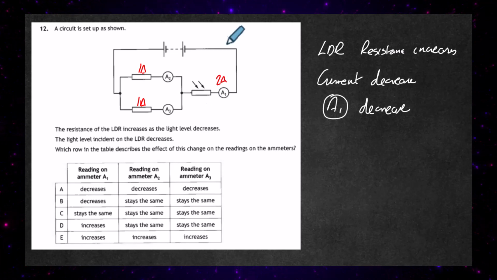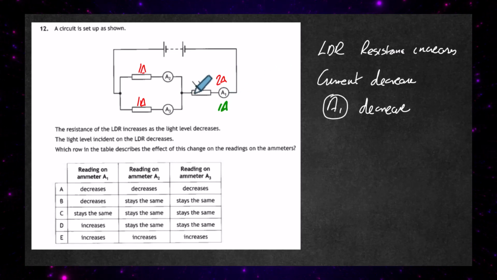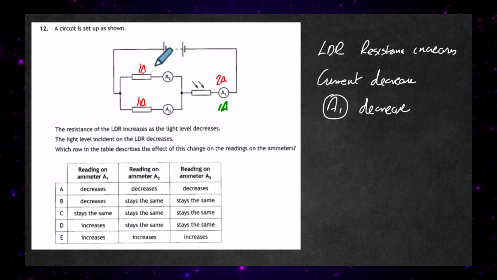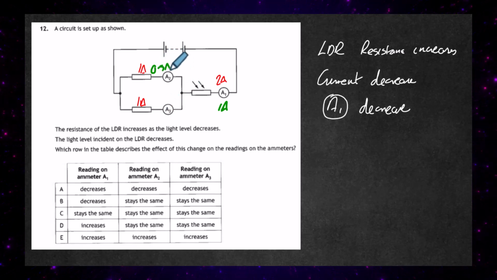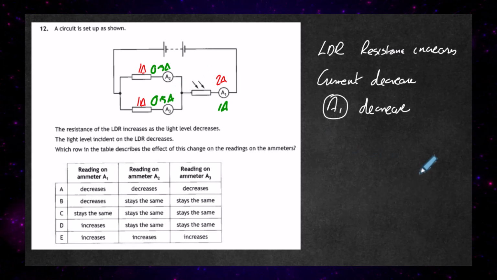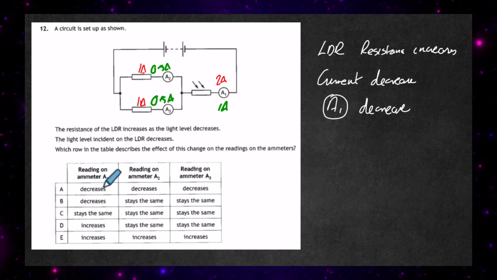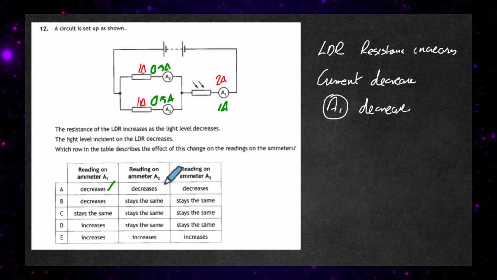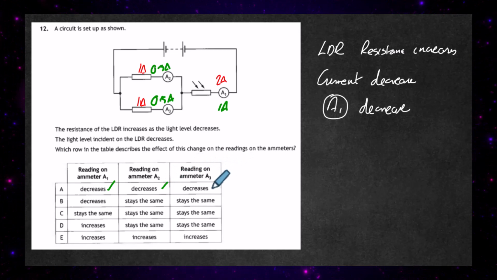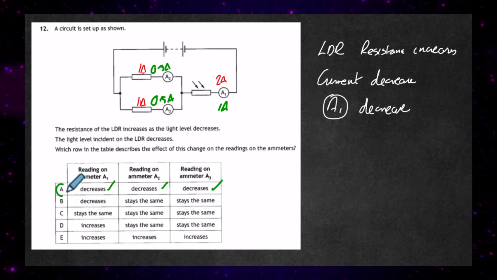So instead of 2 amps, we'll say the current is going down to 1 amp, which means the 1 amp is going to split and give you half an amp up here and half an amp here. So we can see that both A2 and A3 will decrease also. So for our response, the reading on ammeter A1 decreases, which is correct, and the reading on A2 will decrease, and the reading on A3 will decrease as well. So the answer to that question is going to be 12, and it's going to be A.